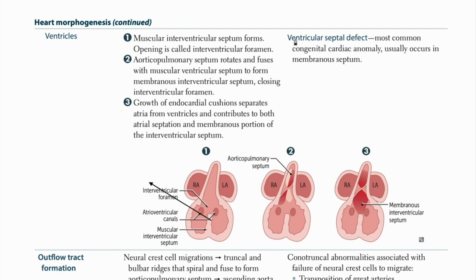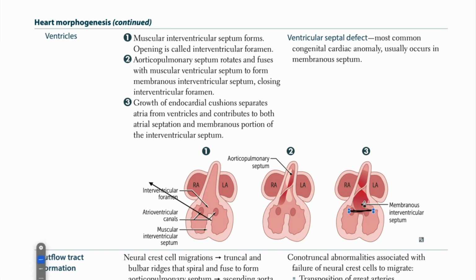Right? So what happens when this doesn't fuse to this, right? So you get a ventricular septal defect. Most common congenital cardiac anomaly, usually occurs in membranous septum. So when this fusion doesn't happen, the interventricular foramen stays open, right, on this side.